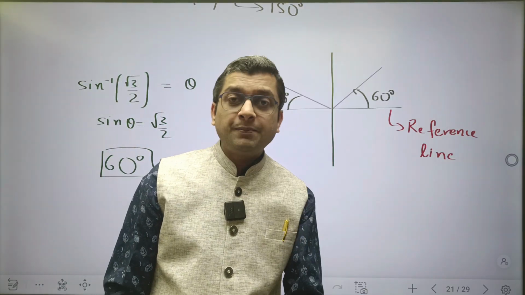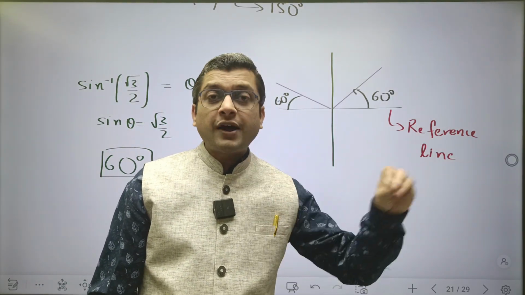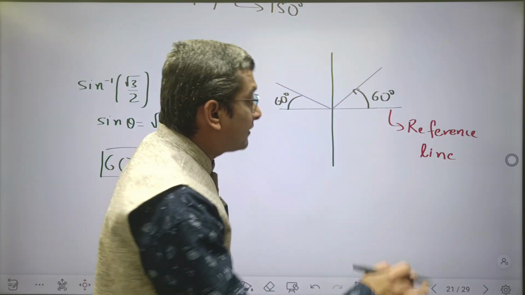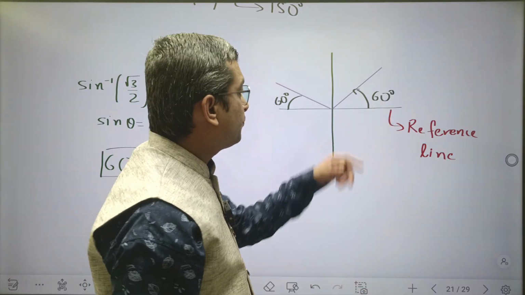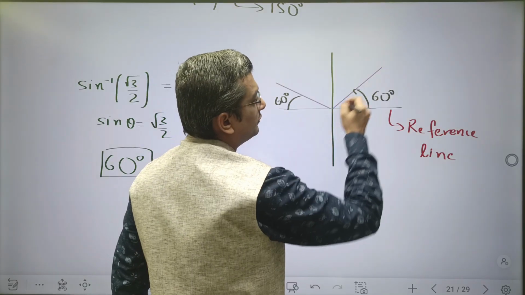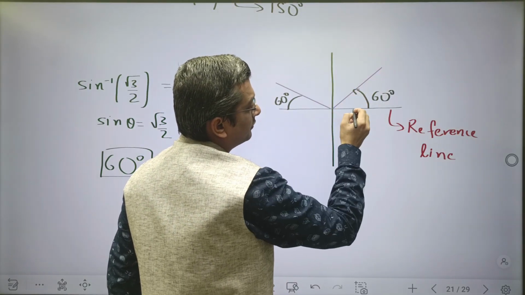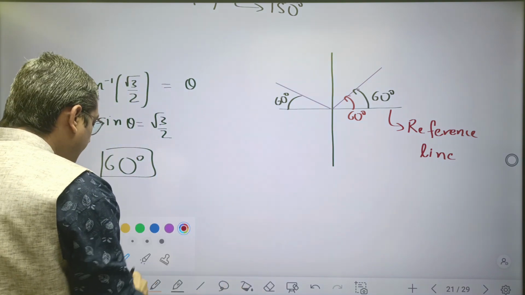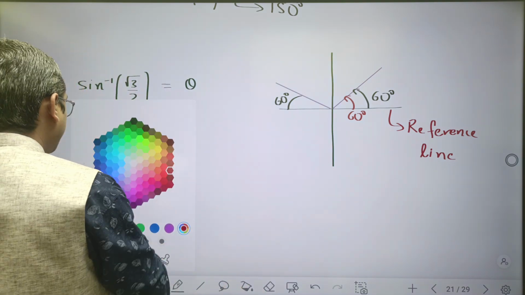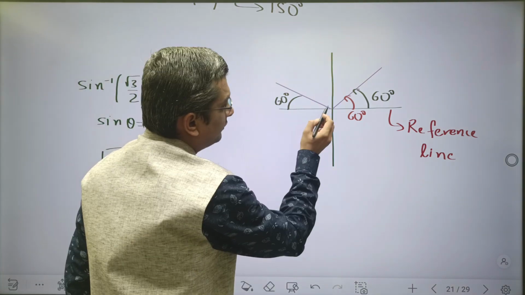But in the final step, where we are finding the final values of the angle, take the angles only from this reference line, that is, from the positive x-axis. So if the angle of this line from the reference line is 60 degrees, the first angle is 60 degrees, and the second is the angle of this line.